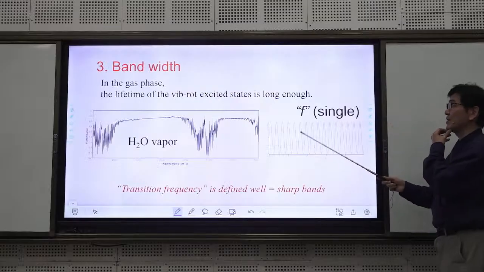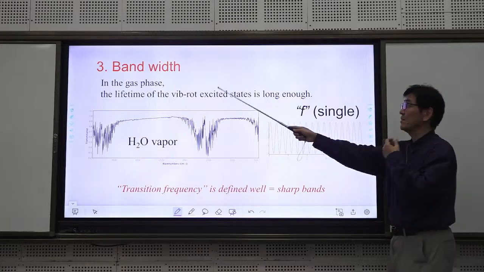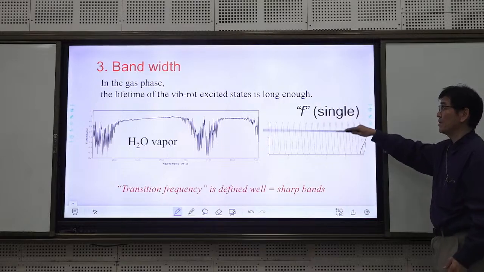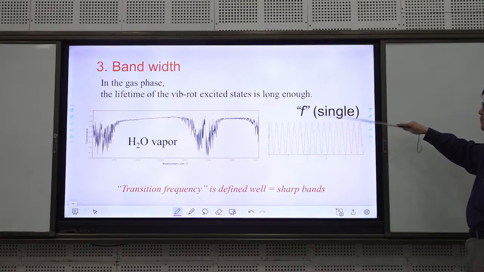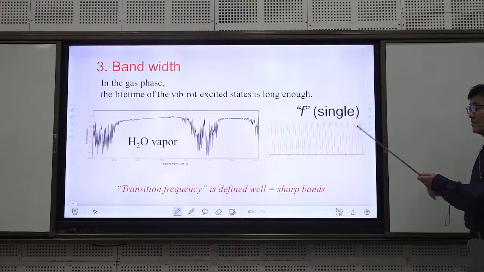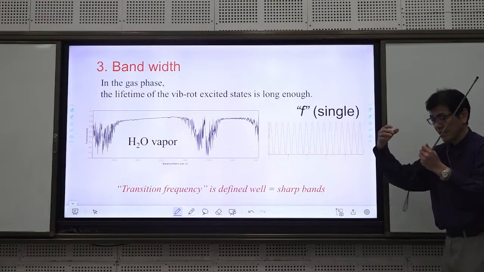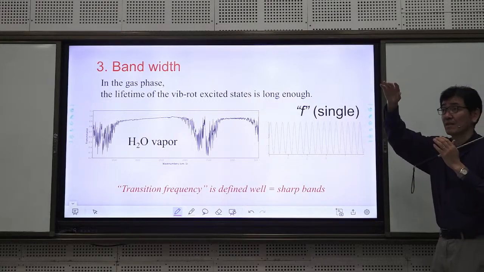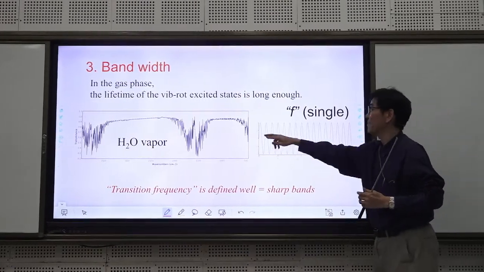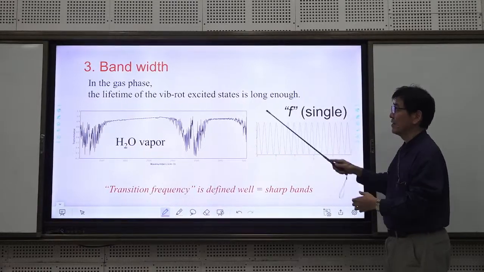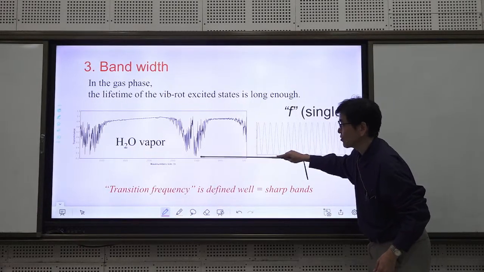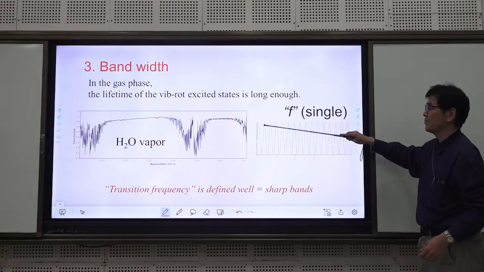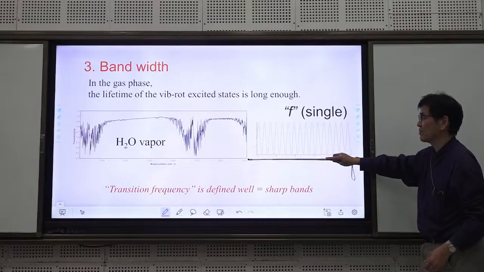I briefly explained yesterday. In the gas phase, the lifetime of the vibration rotational excited state is long enough. So we can excite the molecule to the pure excited state. And we can define which wavelength or which wave number IR light drove the molecule from the ground to the excited state.